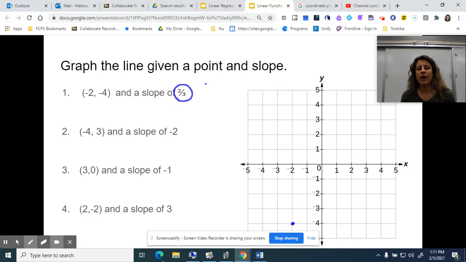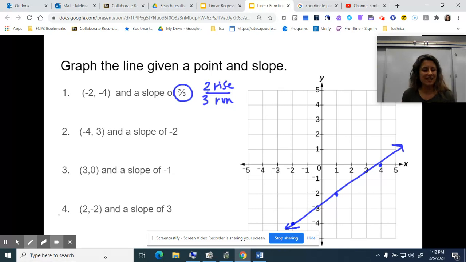So that means the rise is 2 and the run is 3. So I'm going to rise 2 and run 3. I'm going to continue, rise 2, run 3, to make it easier to draw that line. I am much better at drawing positive lines than negative ones.